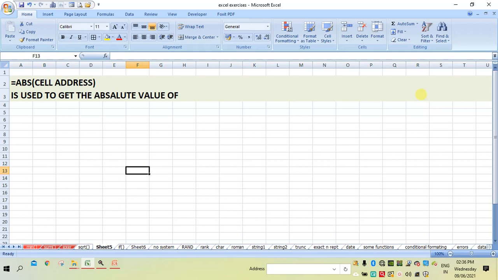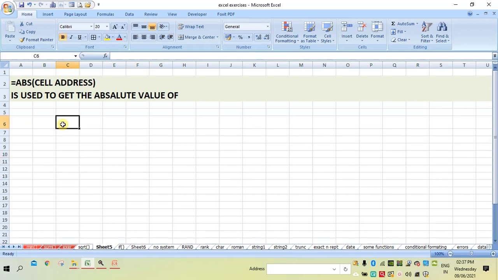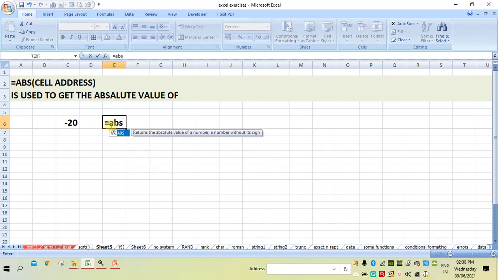For example, the number minus 20 can be converted into positive in this cell. That is, equal to ABS, in brackets the cell address, bracket complete. The answer will be 20. So it means the ABS converts a negative number into positive.